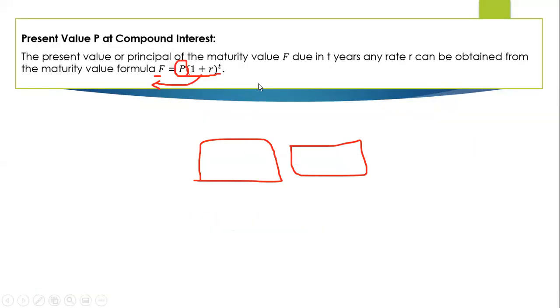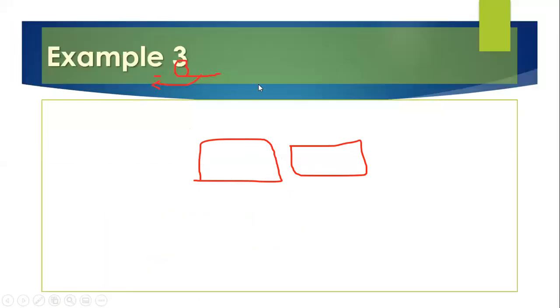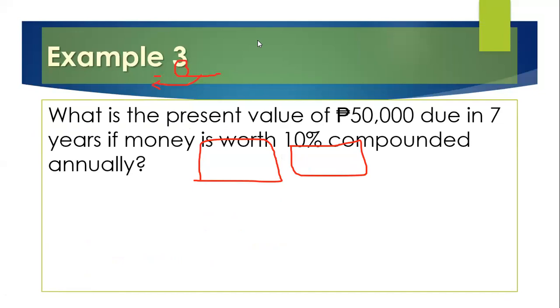So we have the example number 3. Let's try this. What is the present value of 50,000 pesos due in 7 years if money is worth 10% compounded annually? Okay?